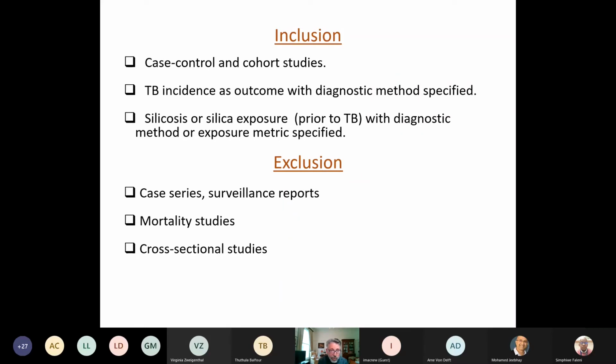We therefore excluded case series, surveillance reports, of which there are many, mortality studies, I've commented on that, and cross-sectional studies. I mean, we've published with some of the people on this call cross-sectional studies, but given the prevalence-incidence bias, the selection bias and the problem of temporality, we decided to leave them out.